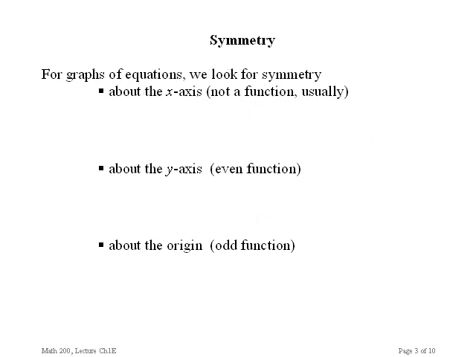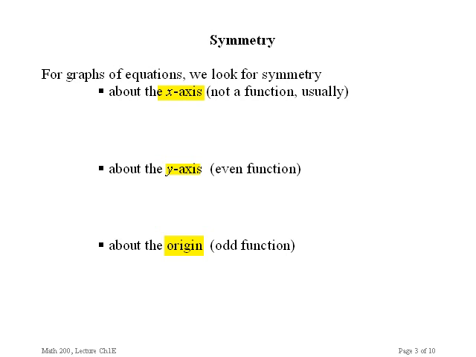For functions, or rather equations, we look especially for symmetry about the x-axis and about the y-axis, and symmetry about the origin, that is a point 0, 0. If the equation is symmetric about the x-axis, it is generally not a function. There's only one function that's symmetric about the x-axis, and that would be y equals 0, the line right along the x-axis.